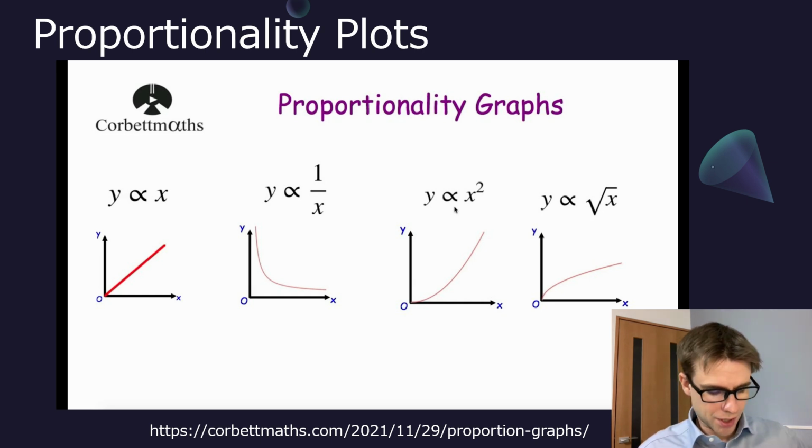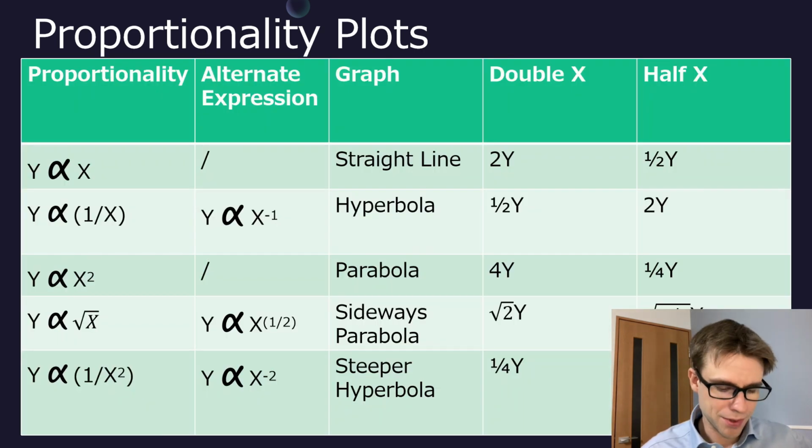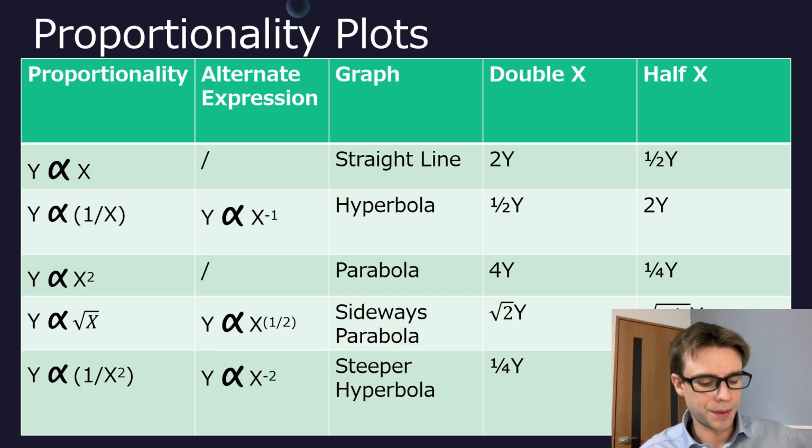So let's keep that in mind, and just remember what happens when we double or halve variables in that equation. For direct proportionality at the top here, if we double x, y must also double. If we halve x, y must also halve. The opposite is also true. And then inversely proportional, if we double x, y will halve.